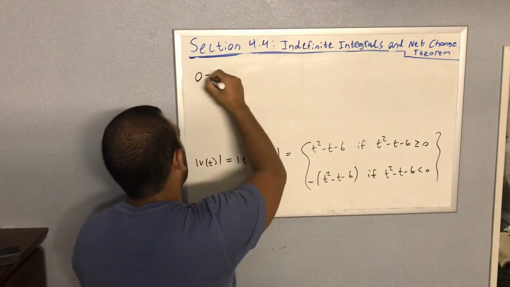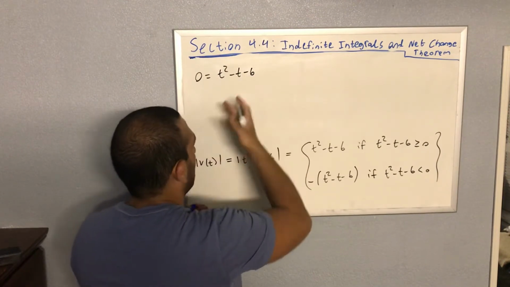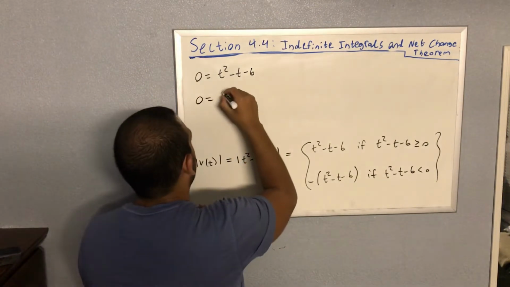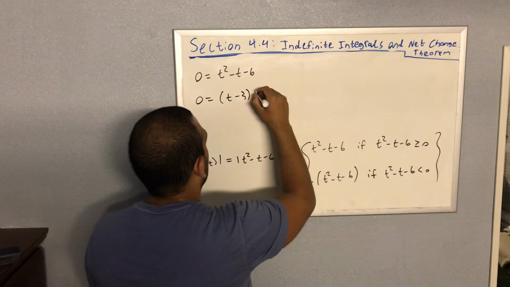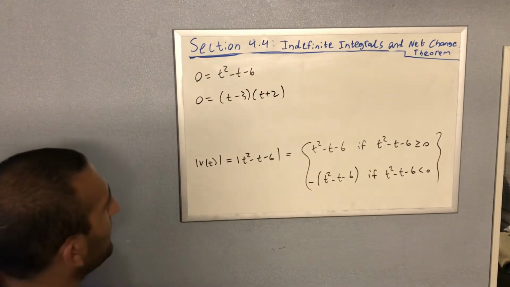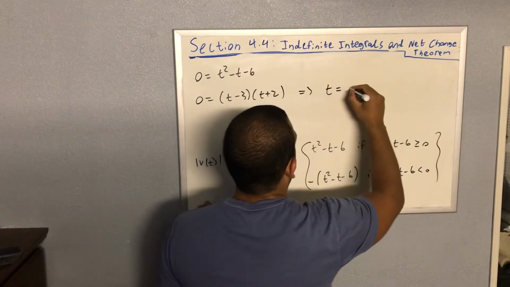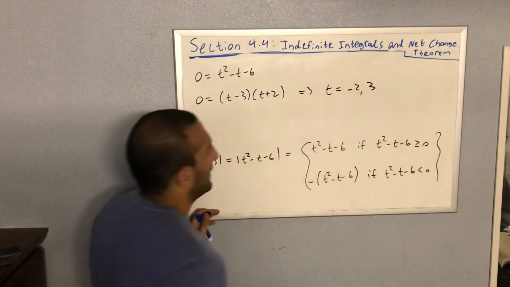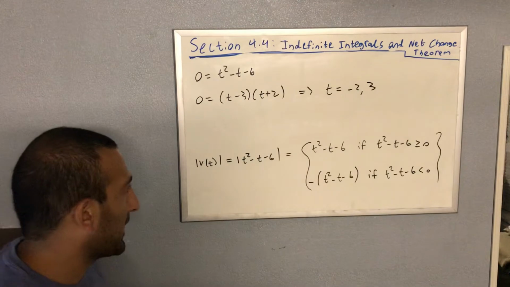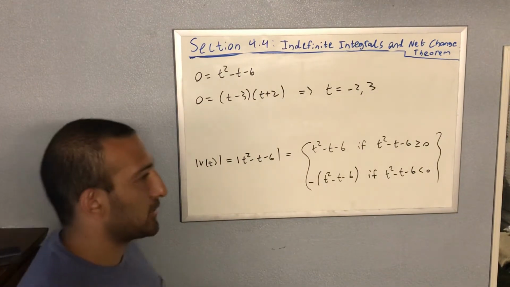So if you set this thing equal to 0, from algebra you know that this thing factors into t minus 3 and t plus 2. And so you know that t equals -2 and 3 are x-intercepts, or roots as you would say, of this guy. So that's one piece of information that we're going to use.